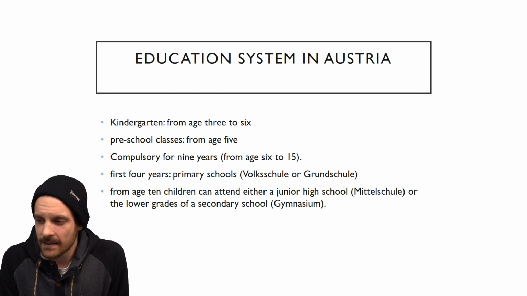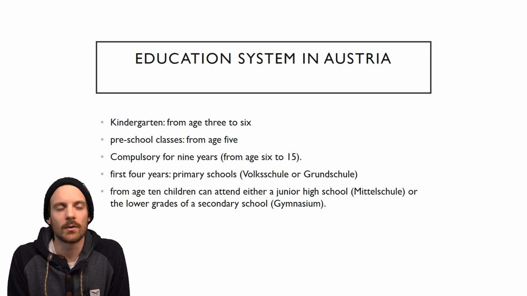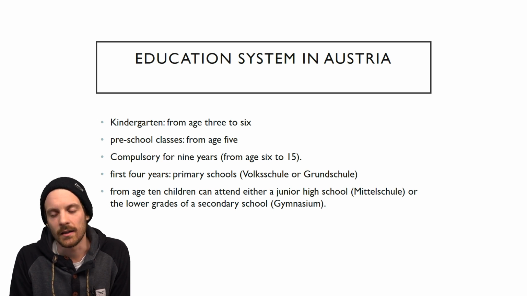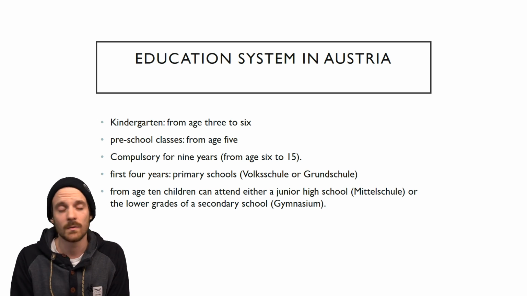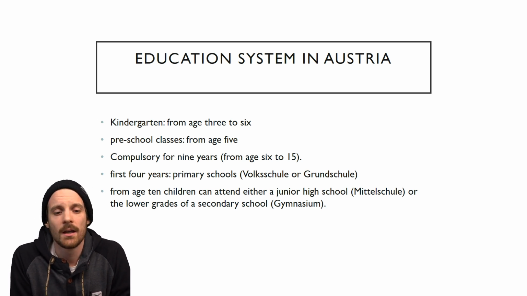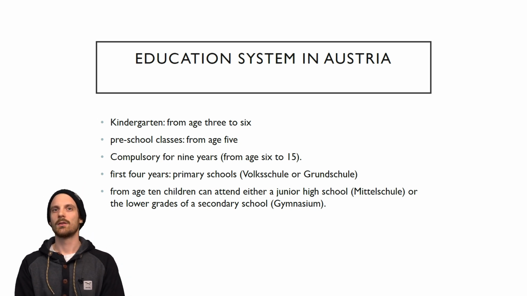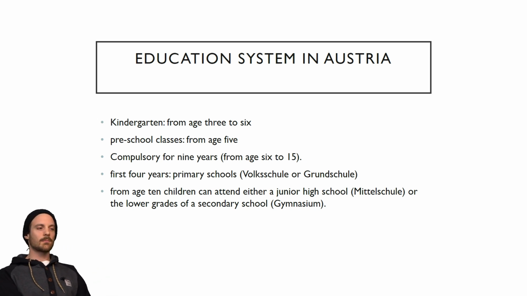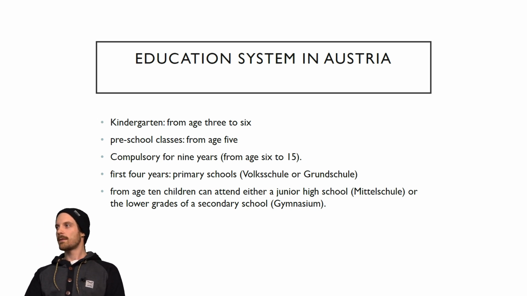The most important part of the educational system in Austria starts with the compulsory years, compulsory 9 years, from the age of 6 till the age of 15, if the student passes all classes, of course.